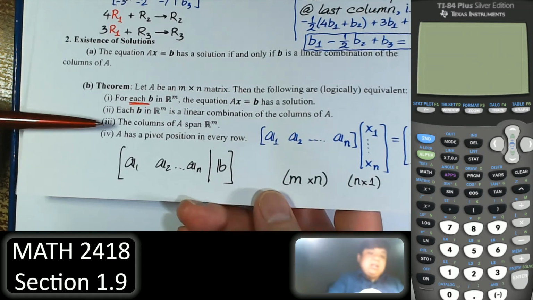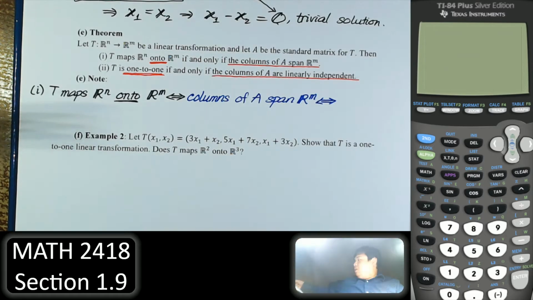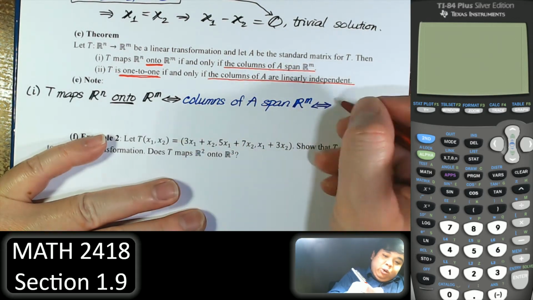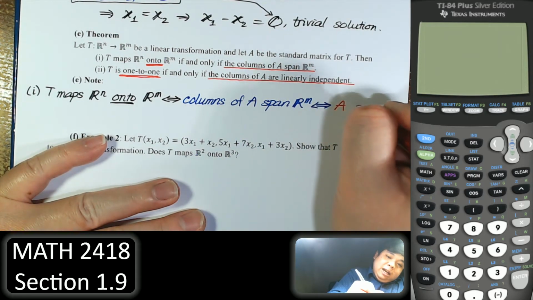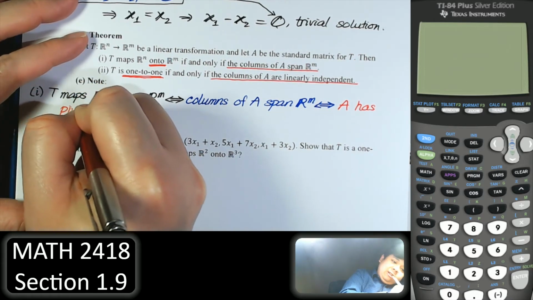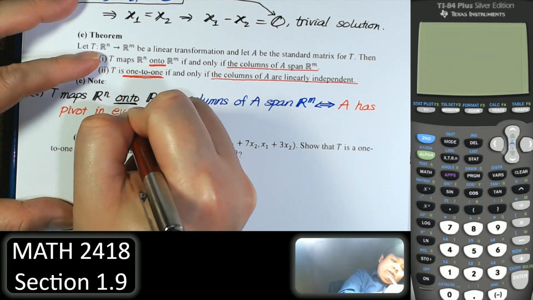The easiest way is that A has a pivot in every row. So in that case, the equivalent condition is that A has a pivot in every row.